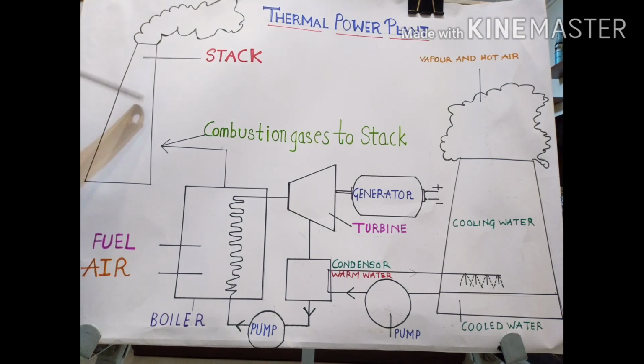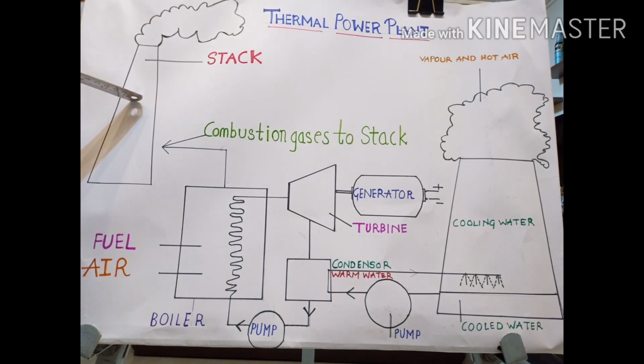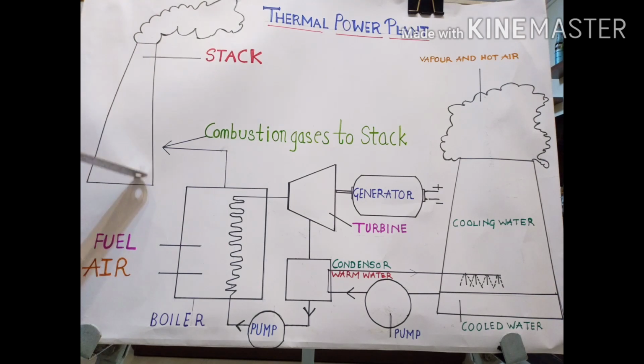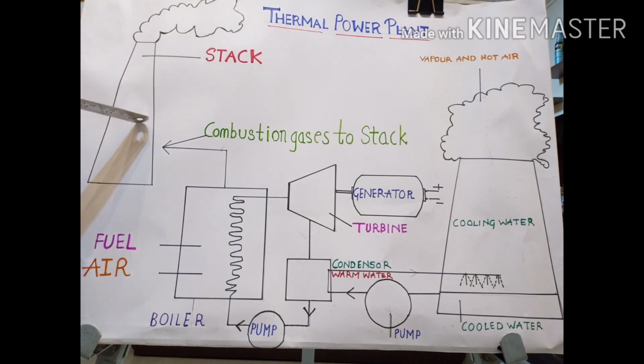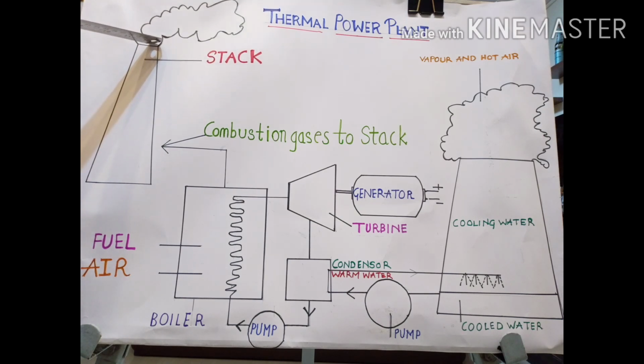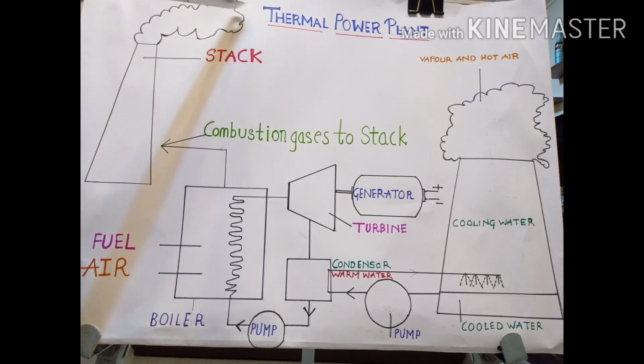And here whatever poisonous gases are emitted due to combustion of coal over here, those poisonous gases are directed into a chimney, or they find their way into a chimney and are released at a very high altitude in order to avoid harmful effects. So they are released at a high altitude through this chimney. So students, this is how a thermal power plant generates electric current.